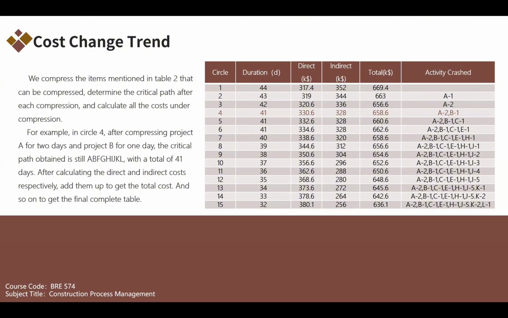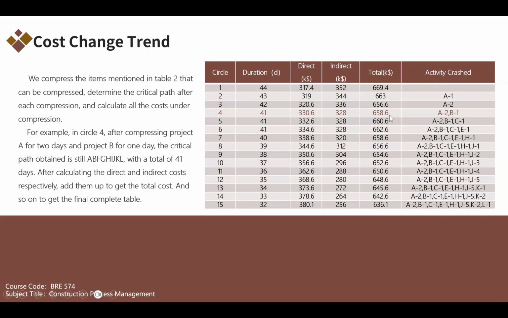We compress the project and determine the critical path after each compression. For example, in Circle 4, compress activity A by 2 days and activity B by 1 day. The critical path is still A, B, F, G, H, I, J, K, L. The construction period is 41 days, and the total cost is obtained after calculating the direct cost and indirect cost.